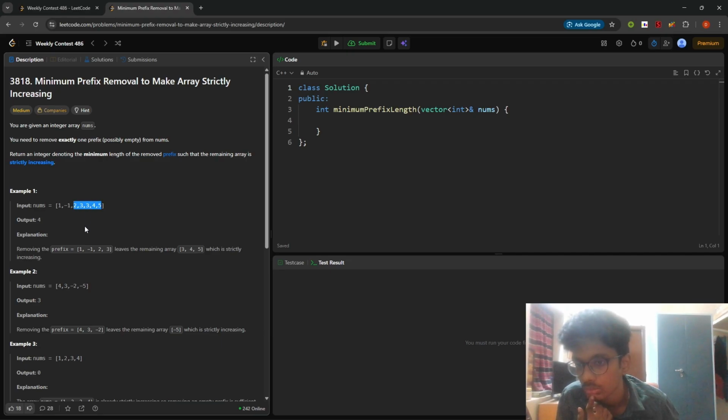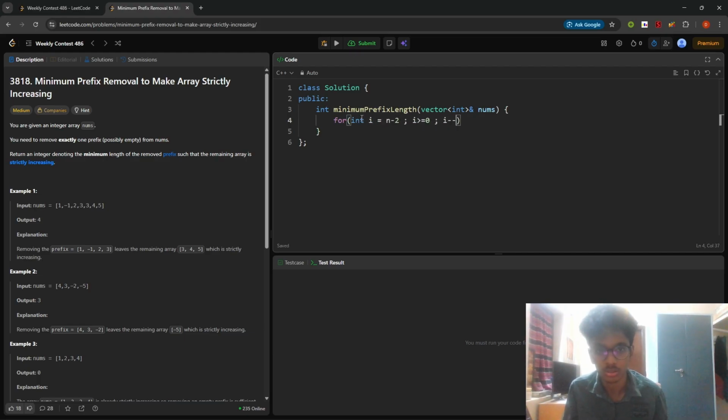Okay, so till here it's strictly increasing. 3 is getting repeated. So I basically need to iterate backwards. So let's take for int I equal to n minus 2, I greater than or equal to 0, I minus minus.